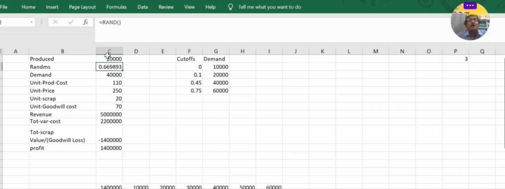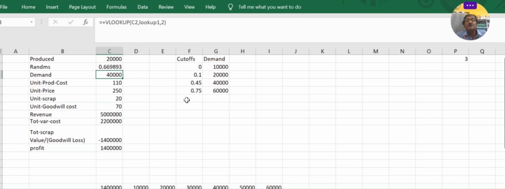The formula of the random number is written here, and this is the VLOOKUP formula to get the demand for this random number. I have already discussed how you get demand corresponding to a random number. In this case, the random number is 0.669, and the range is named Lookup 1.